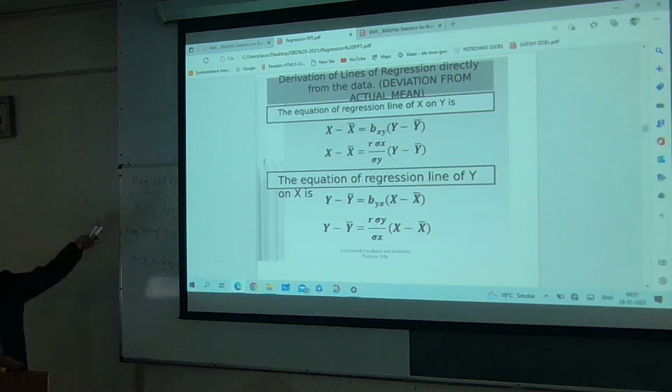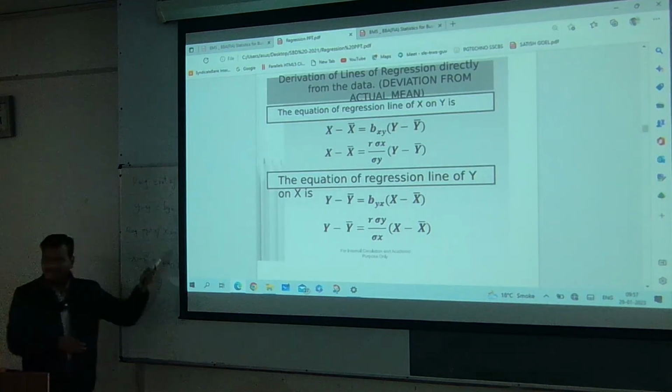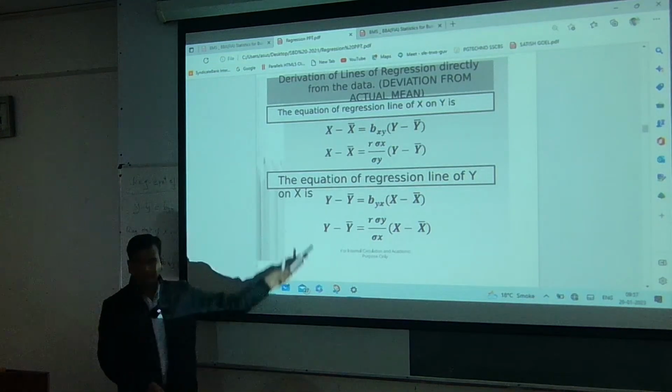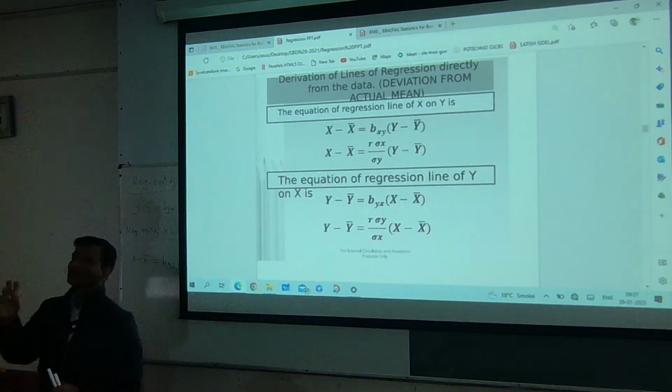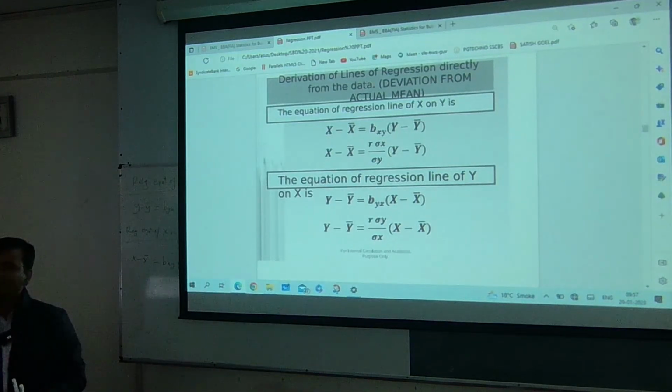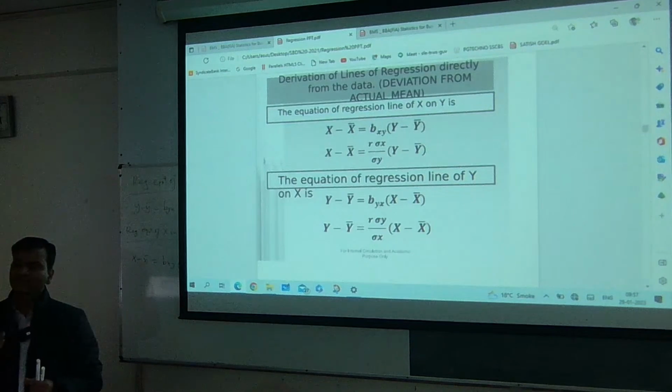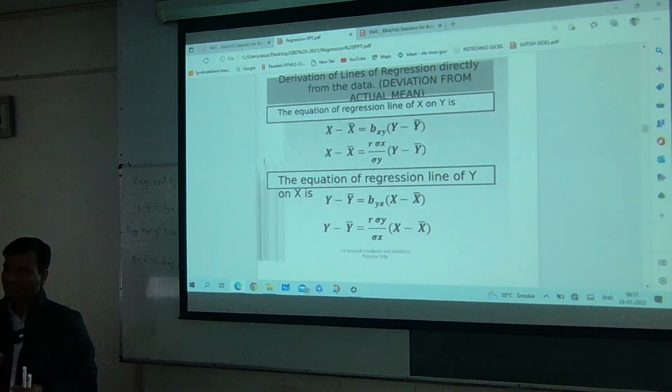So bxy or byx. You must know the formula for byx and bxy. What is byx? byx is called the regression coefficient. What is r? Correlation coefficient. So you should know the relationship between r and b.